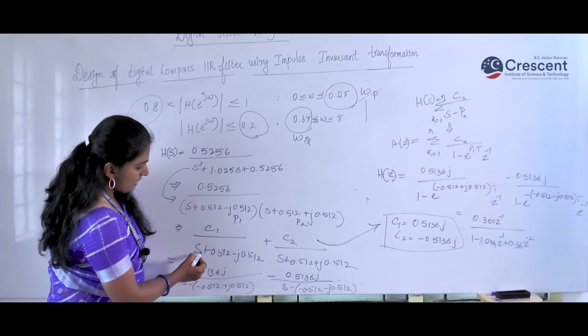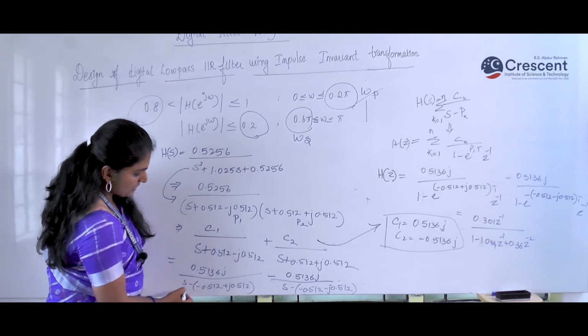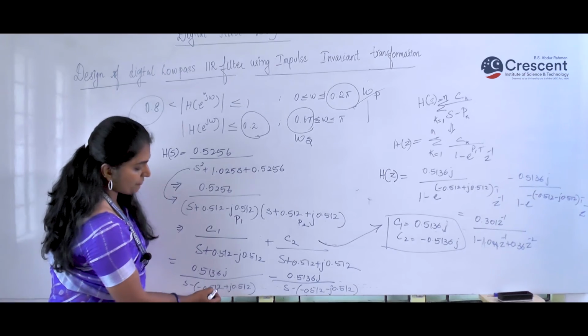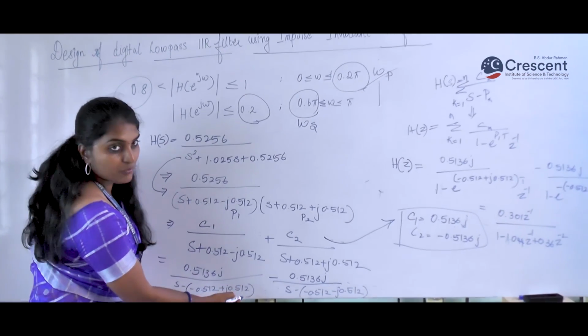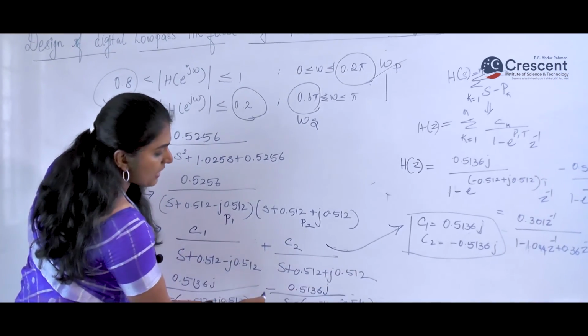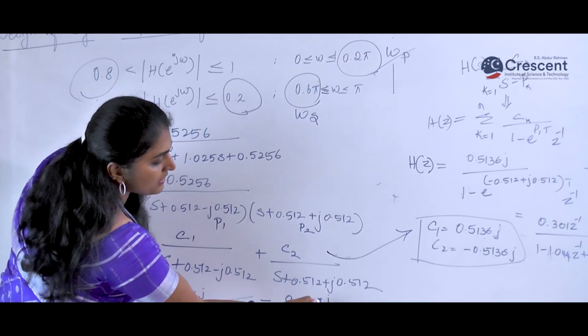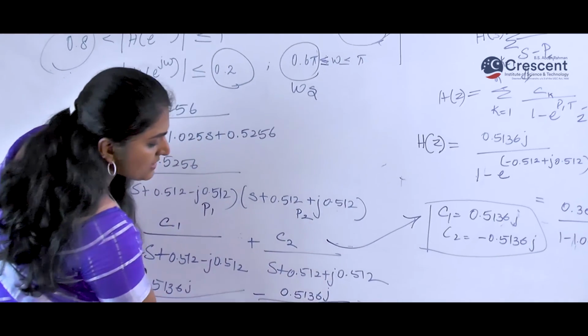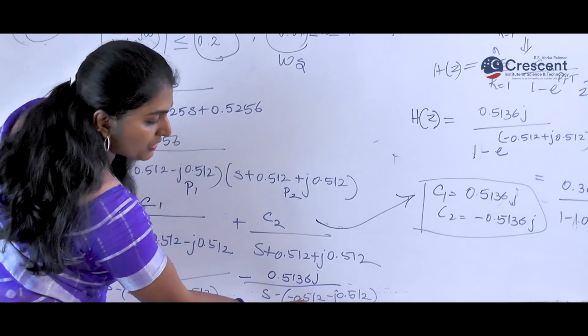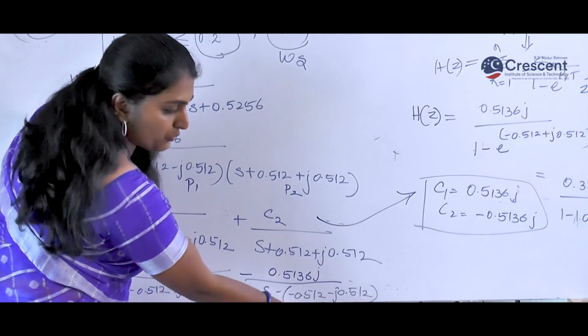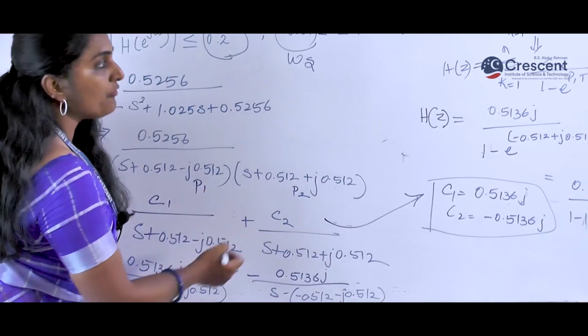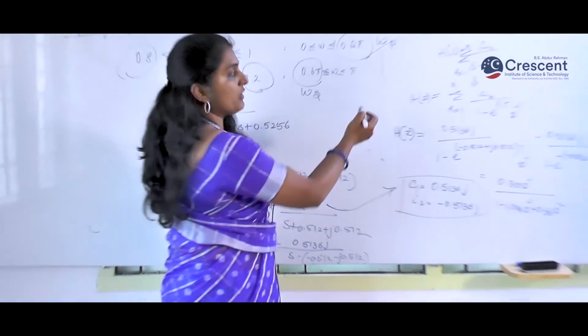So s plus 0.512 becomes s minus of minus 0.512 minus j 0.512, and again the second term, minus 0.5136j divided by s minus of minus 0.512 plus j 0.512. So this is in the required format of the analog transfer function.